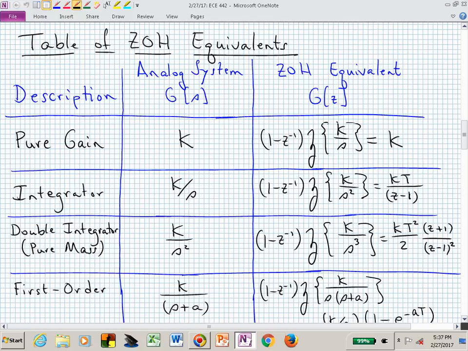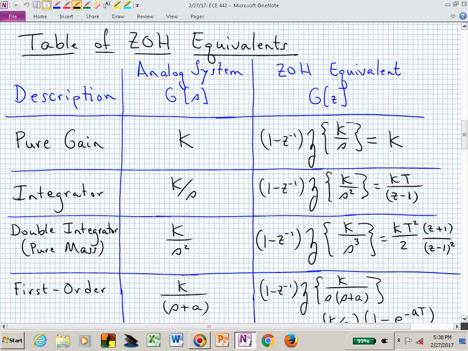So this is the zero-order hold equivalent, which you might have heard referred to as a step response equivalent, but that's what this can be called also. But I'm trying to be consistent and call this our zero-order hold equivalent so that you're clear that this now incorporates the dynamics of the zero-order hold.